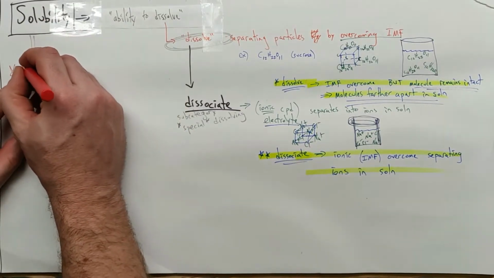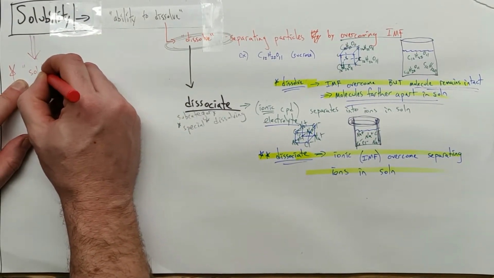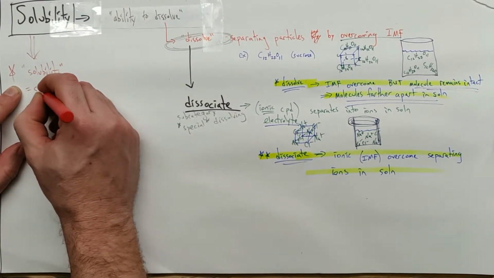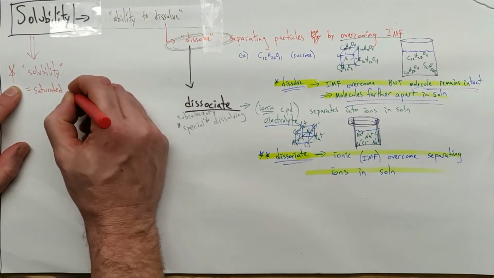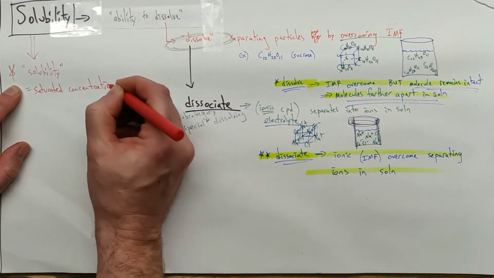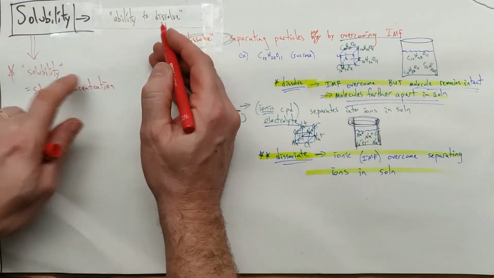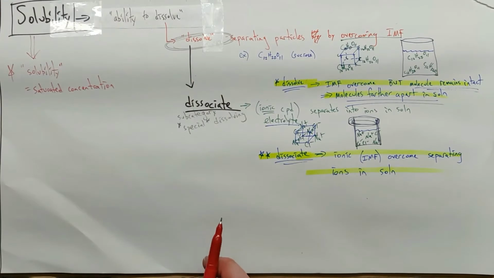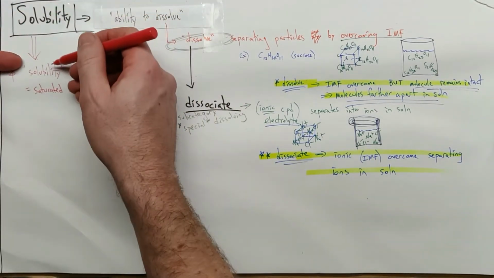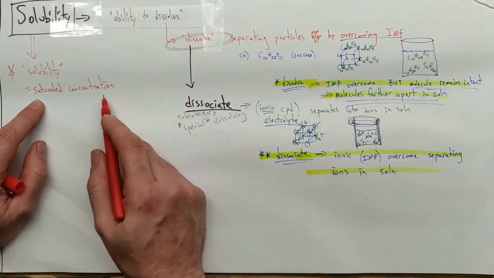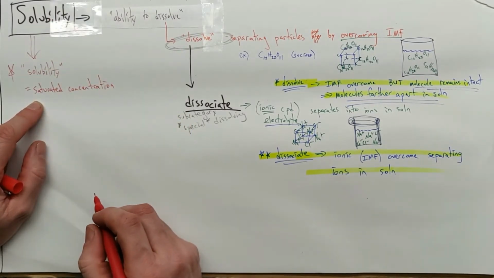The word solubility is going to be a saturated concentration. So solubility can be a property, right? The characteristic, the ability to dissolve, and we can describe a saturated concentration when you have as much as can be dissolved as possible at a given temperature. We call that a solubility.